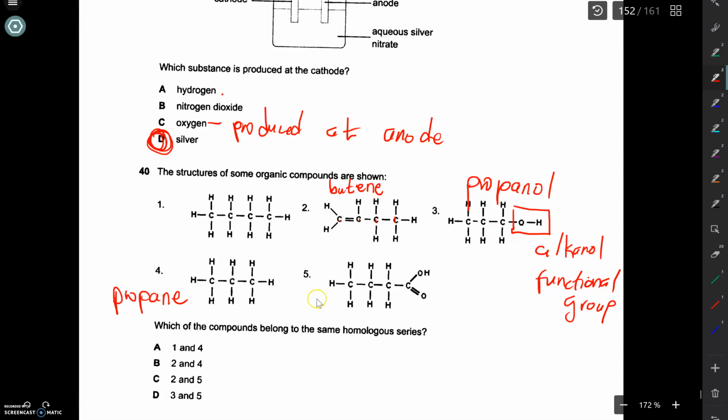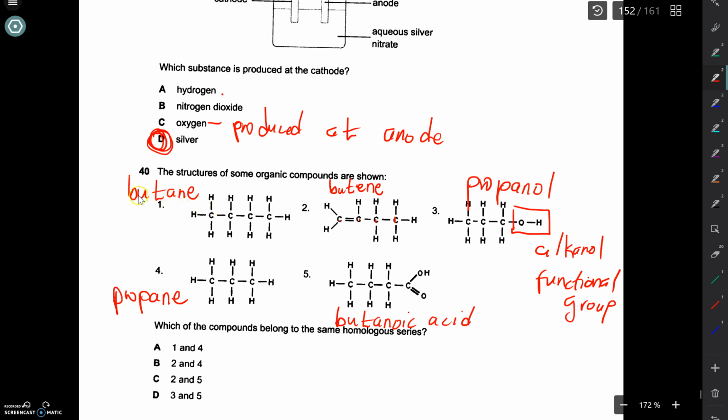This one here contains 1, 2, 3, 4 carbon atoms, so this is butanoic acid. And the first one contains 1, 2, 3, 4 carbon atoms, so it is butane.